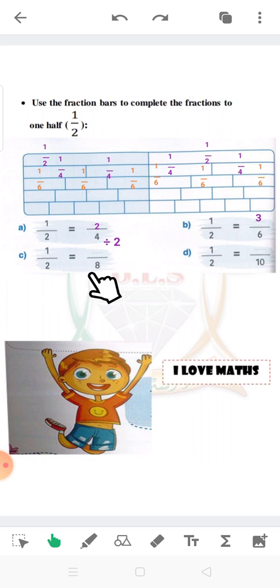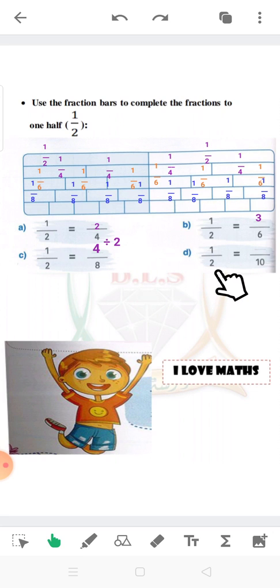Let's see the next. Half equals 8. I've got a missing number here. When I say this fraction is equivalent to a half, what is the half of 8? Excellent. 8 divided by 2 equals 4. So I'm gonna color 4/8. So 1/8, 1/8, 1 is 4/8. Okay.